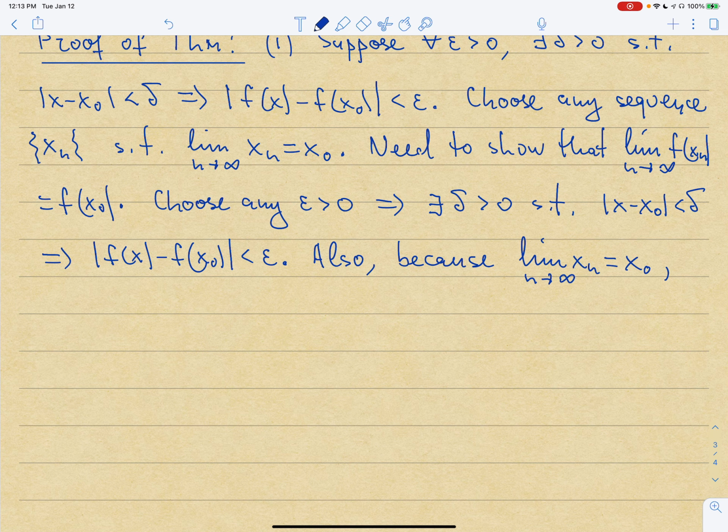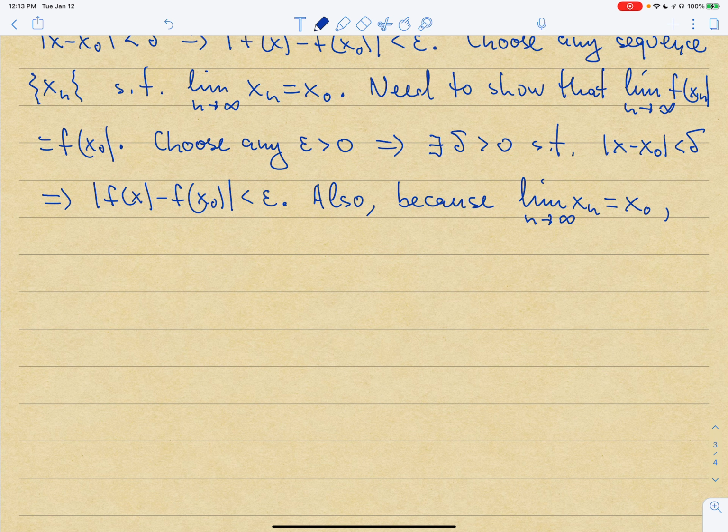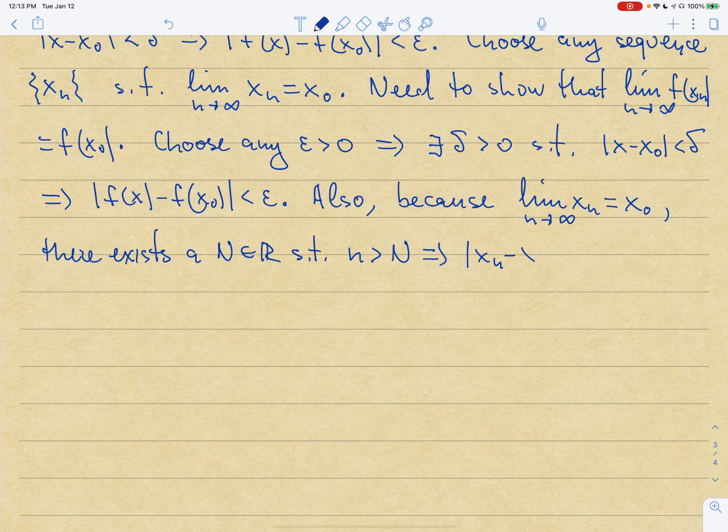So therefore, there exists a capital N in R such that if n is bigger than capital N, then |xn minus x0| is less than delta, right? So once again, because the limit of xn is x0, I should be able to find capital N such that if n is bigger than capital N, then this should hold.